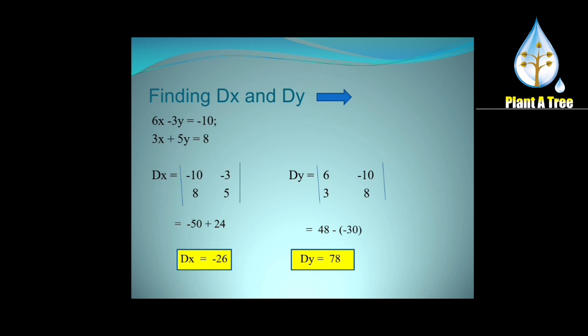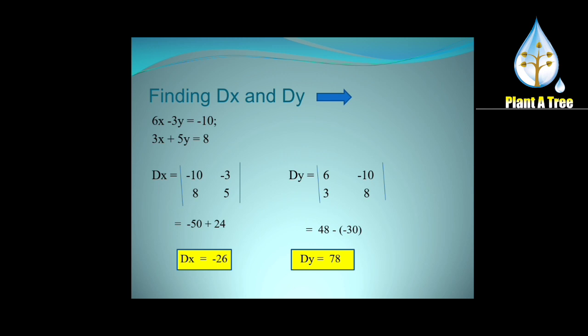Now minus 10 into 5 equals minus 50, and minus 3 into 8 is minus 24, that is minus minus 24, plus 24. So the value of Dx is minus 26.